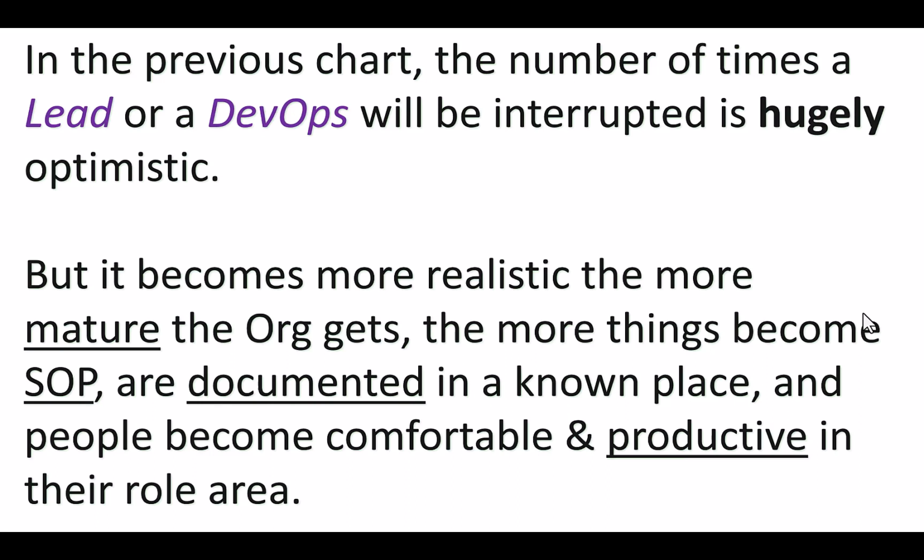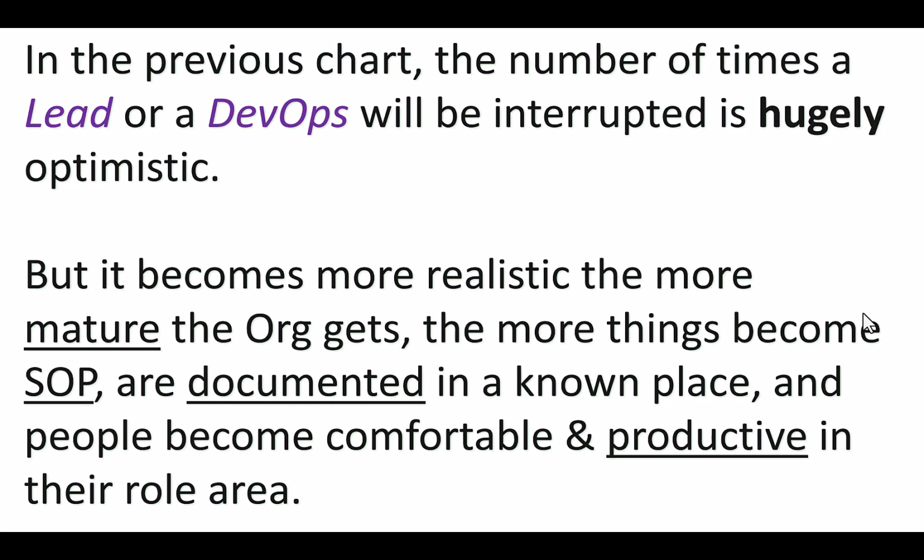And so the number of interruptions that we have in that chart is representative of a mature organization where the team has been on it for a while and there are standard operating procedures that are documented. There's an investment in self-service for log-breaking problems. There's educational materials, and the people on the project are comfortable and productive.